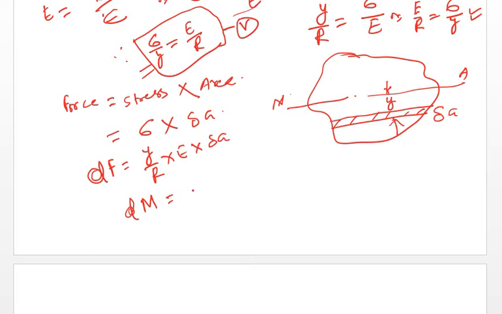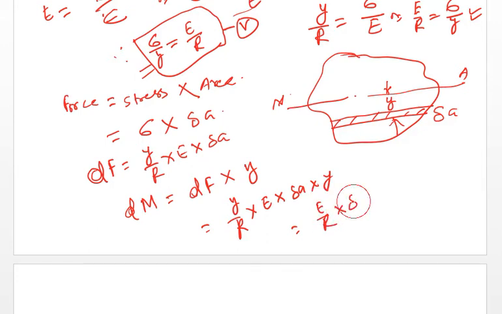Bending moment is equal to force, that is dF, into distance, that is y. So let's put the value of dF, that is y upon R into E into delta A into y. So the value is E upon R into delta A into y squared.